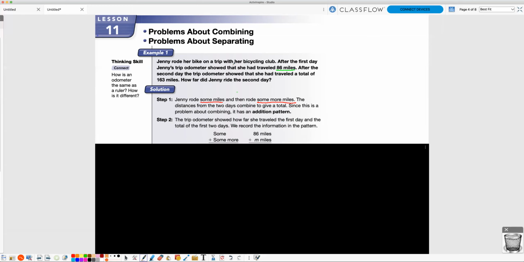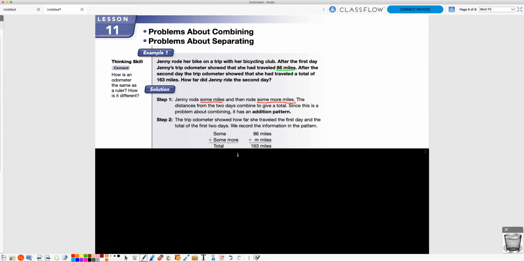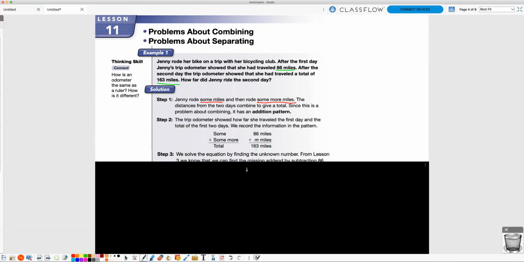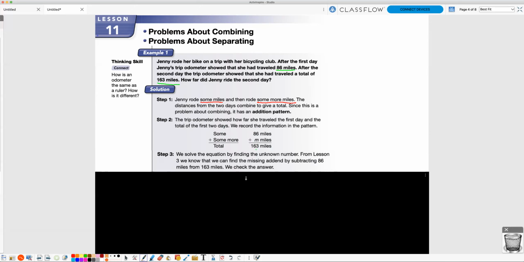Then she went some more, which doesn't say how much more she traveled, but it does tell us what the total was at the end. She had 163 miles. So here's your pattern. Some plus some more equals the total. These are the amounts, the values that we have, and this is the unknown. We don't know that. So in step 3, we solve the equation by finding the unknown number.